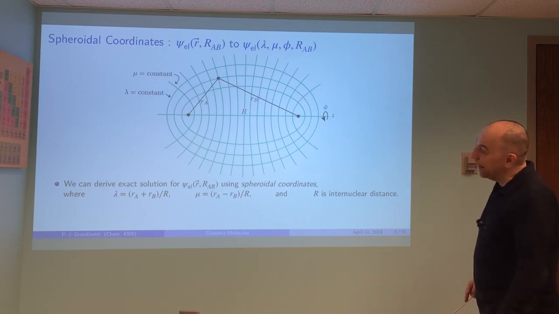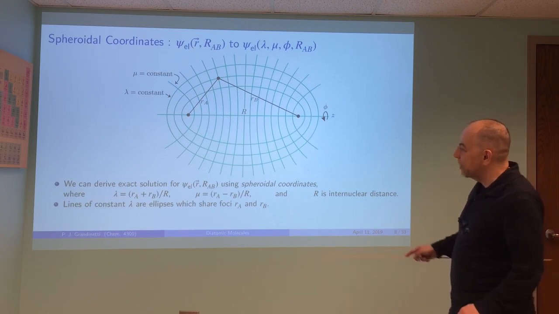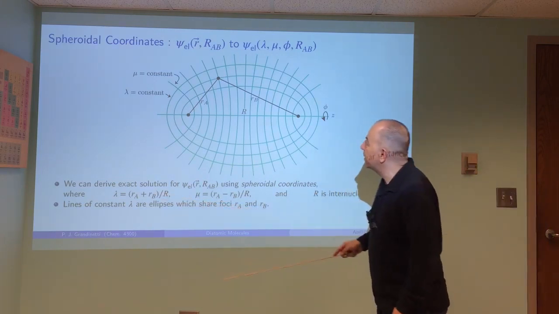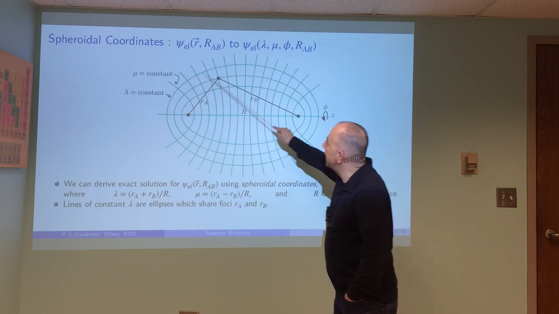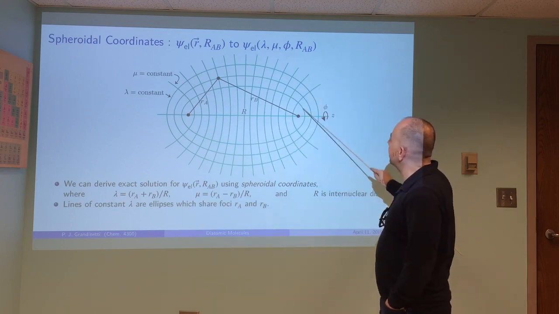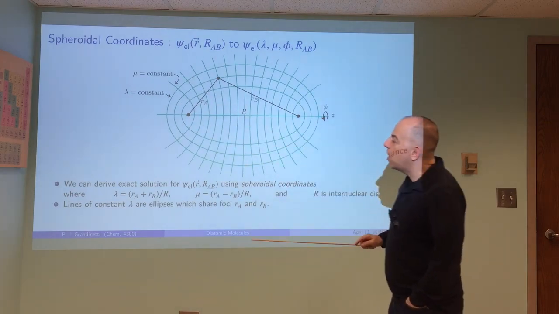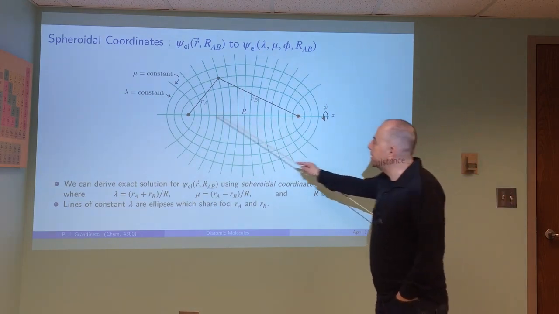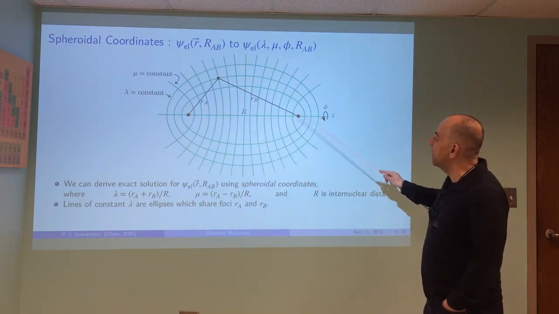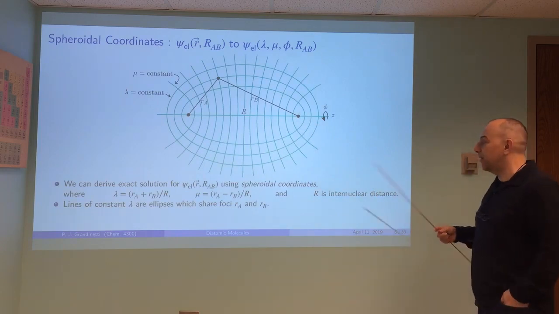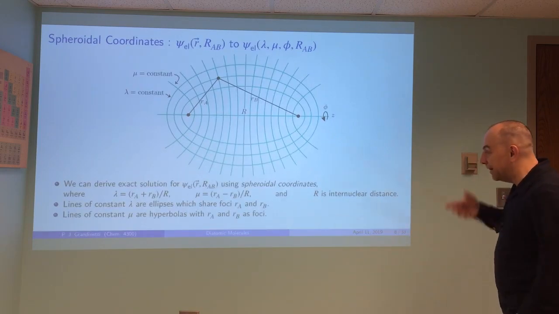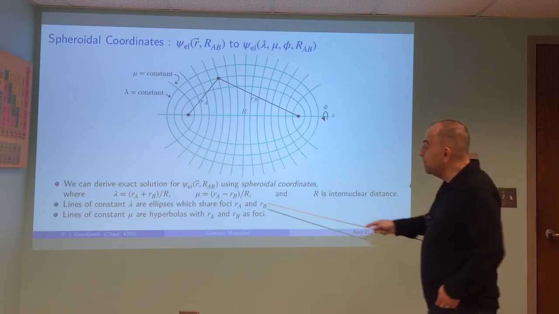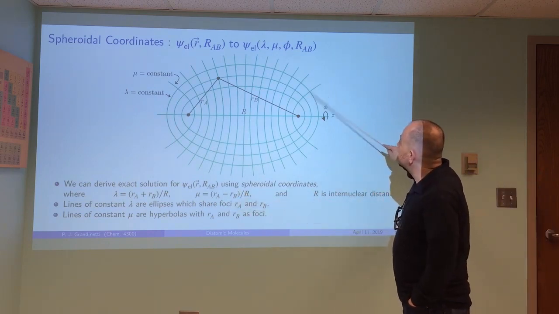So this is called a spheroidal coordinate system. These lambda coordinates are these ellipses here. The ellipses are lines of constant lambda, and they have the same foci, which is why they're called confocal. And then the mu are these guys here.